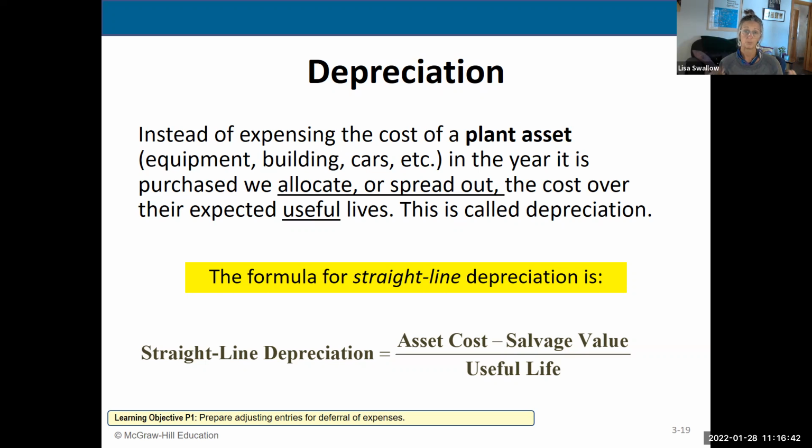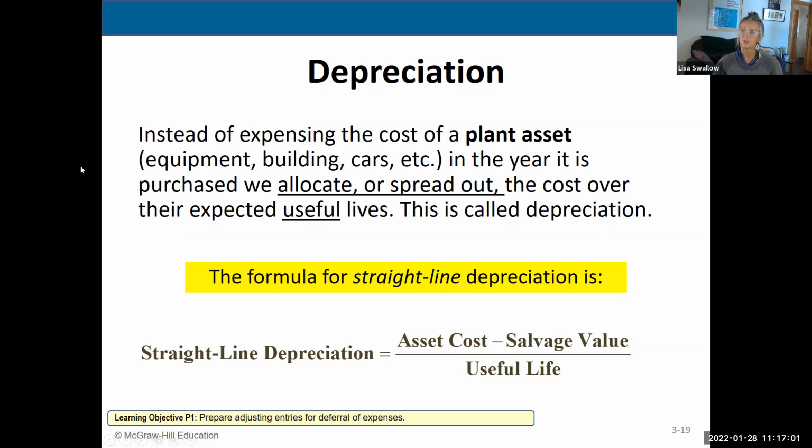These are usually higher priced items, and they're going to benefit your business for many years usually. So say I go out and buy a $250,000 robotics line. I'm not going to put that all to expense in the month that I purchase it. Obviously, it's going to help me earn revenue for years and years.